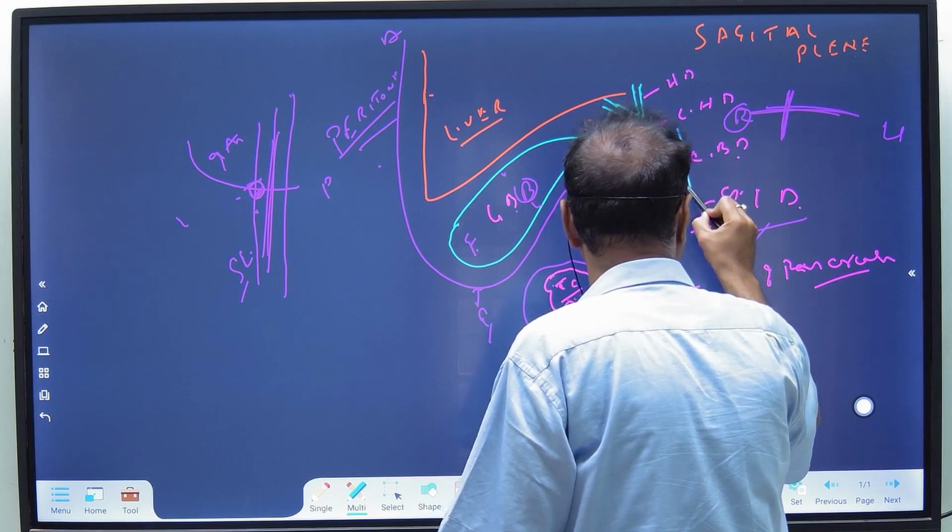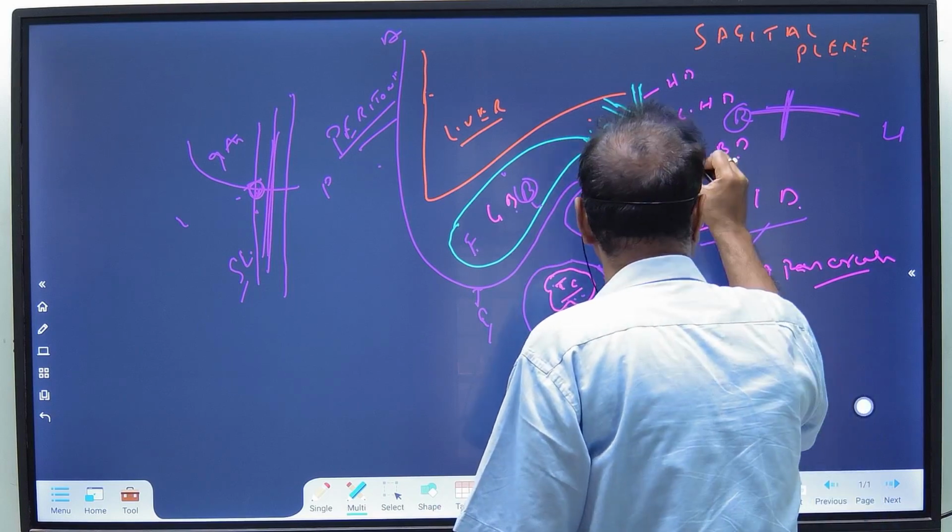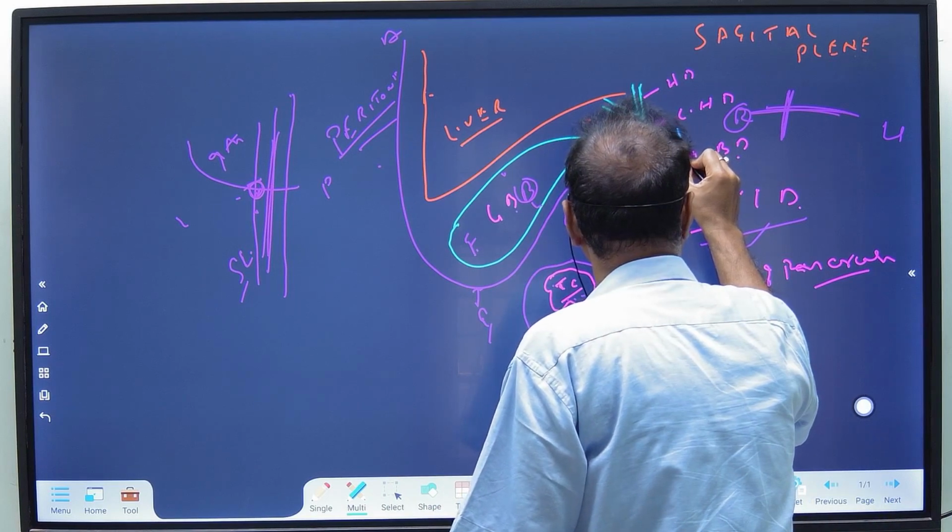Here we have taken the hepatic artery proper.